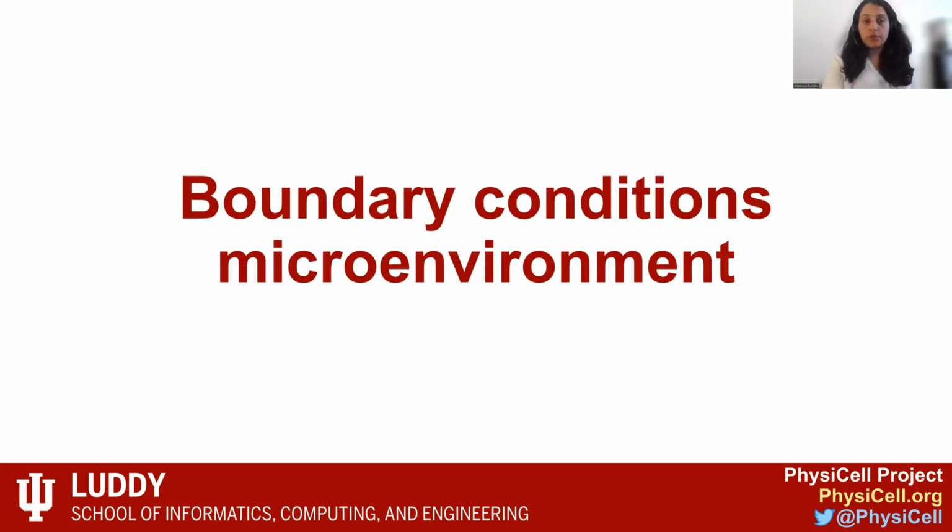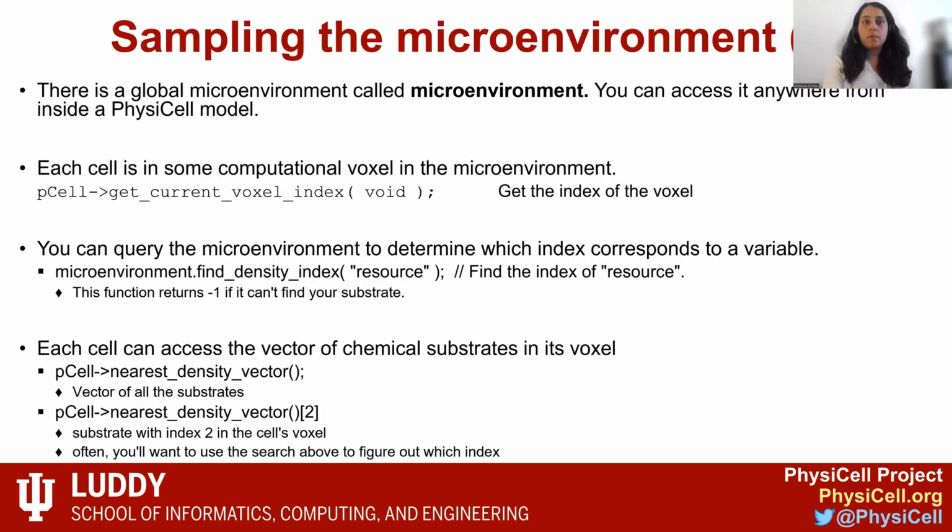Now going towards another thing that we can access in C++ is boundary conditions in microenvironment. So we know that microenvironment is the background diffusion processor, where the different chemicals are diffusing. An important thing to notice is that PhysiCell is not lattice-based. So there can be multiple cells in one voxel, but the diffusion solver happens on a mesh.